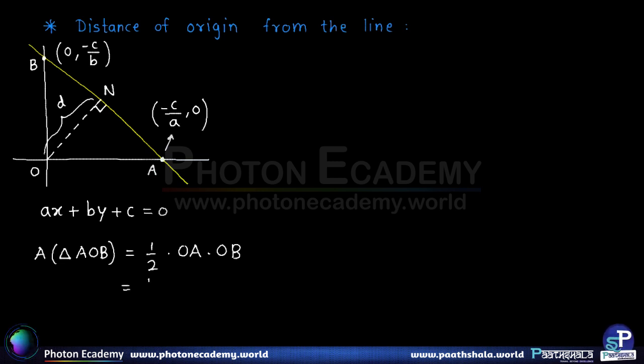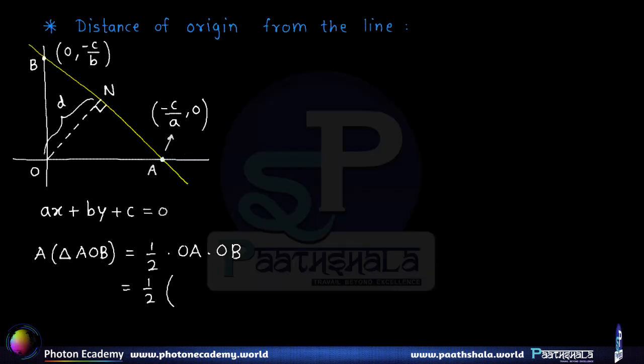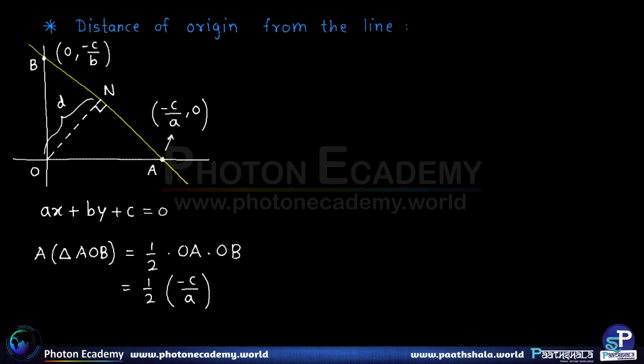So that turns out to be half into OA, which is nothing but minus C upon A. But here we have to be careful, because minus C upon A could be positive or negative, and while calculating the areas we want OA and OB as distances. So therefore we will not write purely minus C by A, but we will write them under the absolute sign, right? Similarly, OB can be written as mod of minus C by B, right?